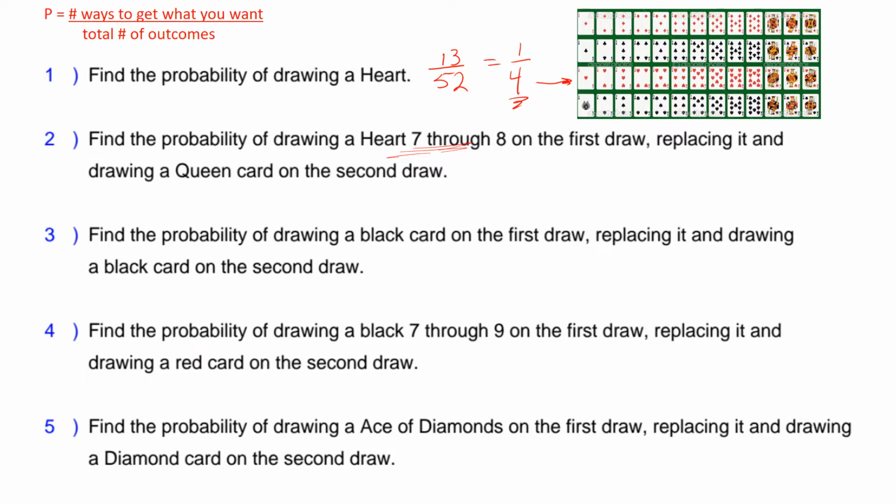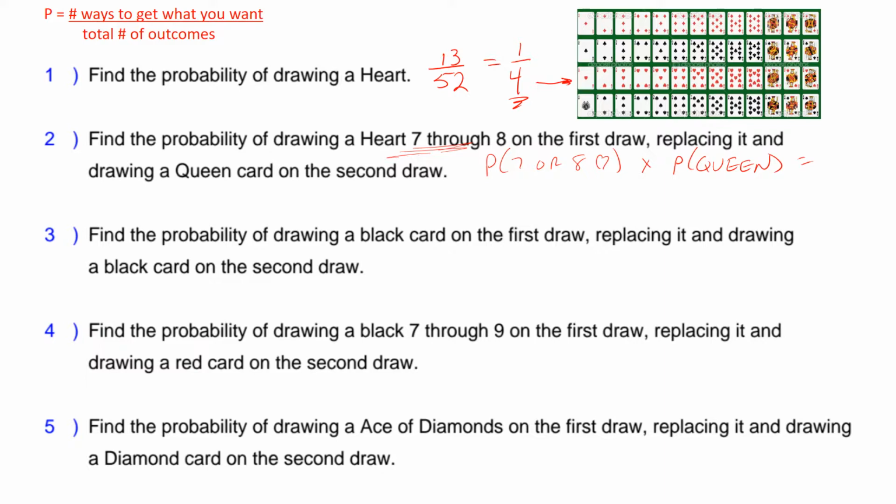So here the probability of drawing a 7 or an 8 of hearts. Again, in the hearts, there's only one 7 of hearts and one 8 of hearts. So there's 2 ways. The probability of a 7 or an 8 of hearts, that's my heart, we'll take that and multiply it by the probability of drawing a queen on the second draw.